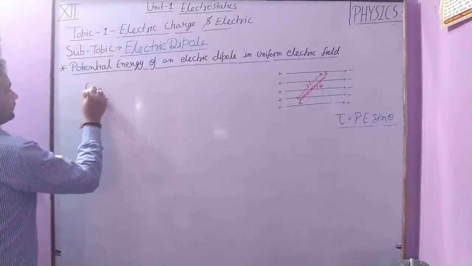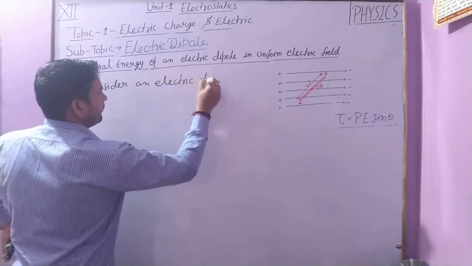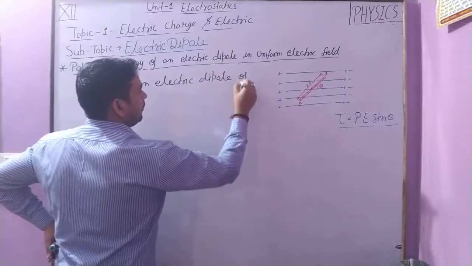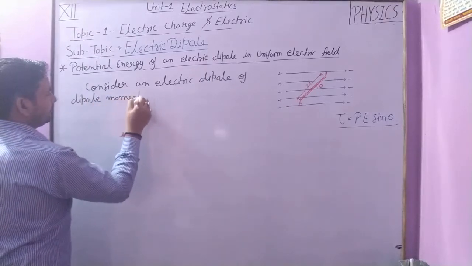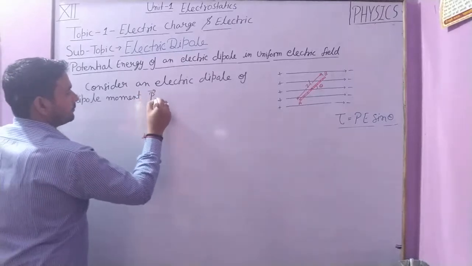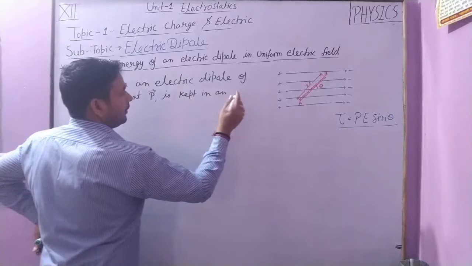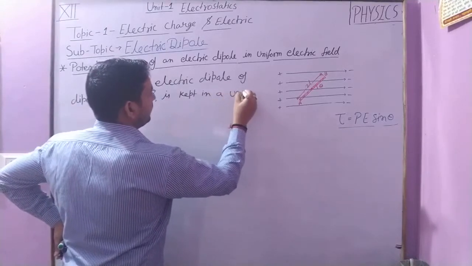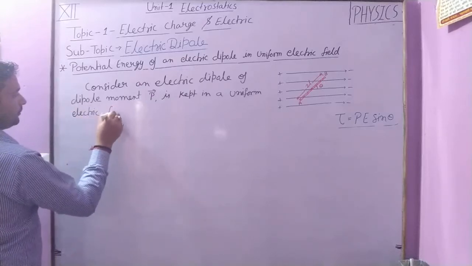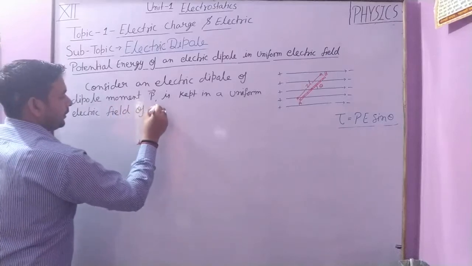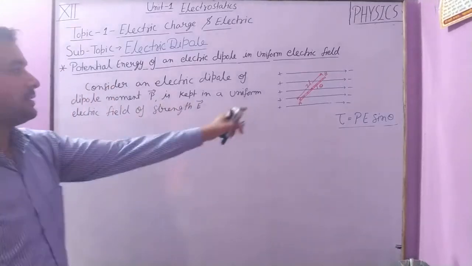Consider an electric dipole of dipole moment vector P kept in a uniform electric field of strength vector E, as shown in the figure.